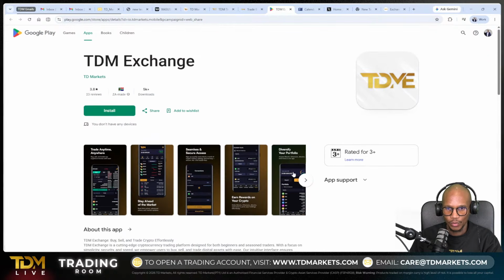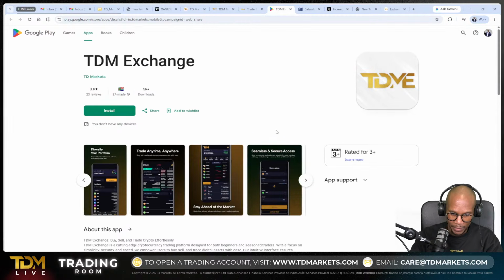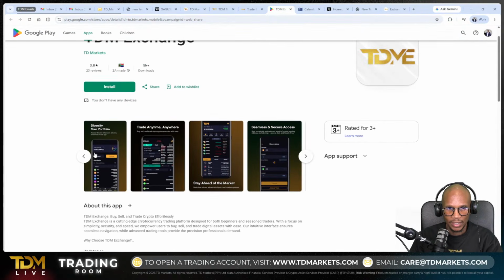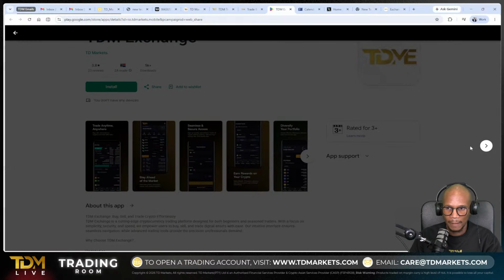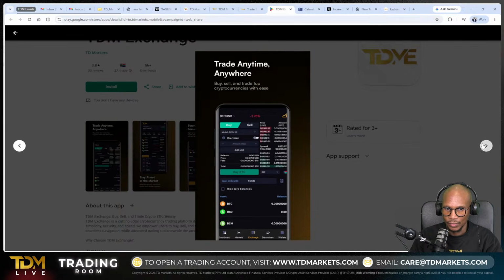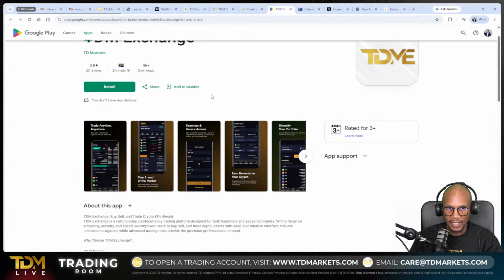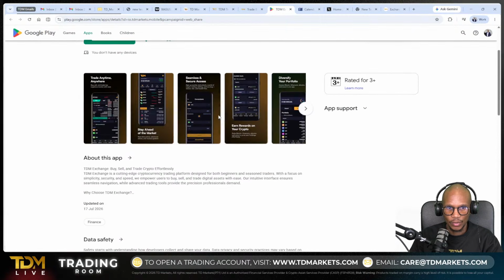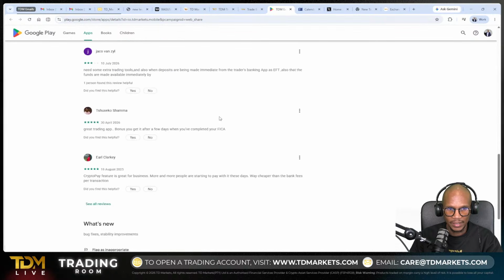I almost forgot to talk about it. I have it on my phone myself. It's nice and simple to use. You can see with the pictures, this is how it looks. You just need to get used to it, get familiar with it. You can download that on your Android device.